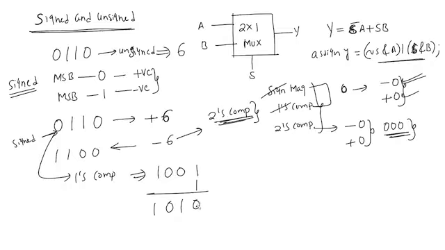To convert 2's complement to a decimal number, the weights are 1, 2, 4, and the last MSB you keep as -8. You add the weights: -8 plus 2 is equal to -6. Did you understand how I am doing it? Shall I explain one more time?